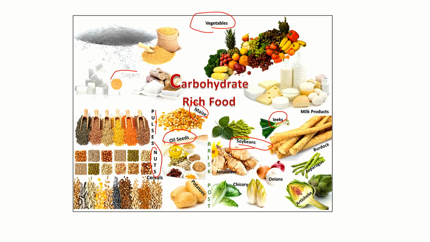Here it's sugar, milk products like cheese, paneer, milk, egg, and so on. And here onion and others, potatoes also. These are rich in carbohydrates.